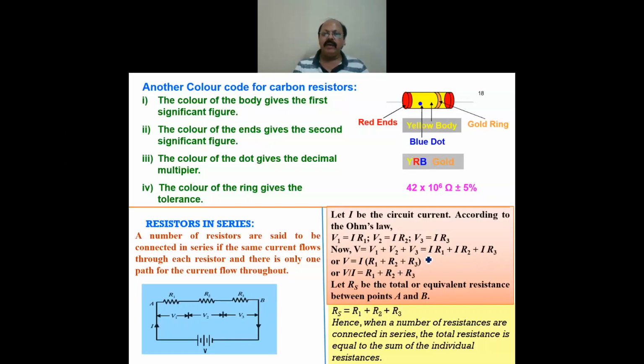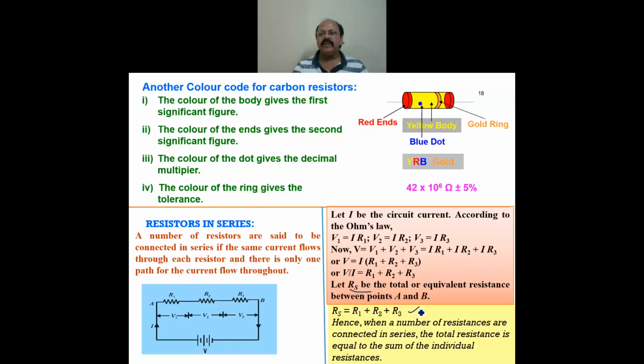Take I common, then V equal to I within bracket R1 plus R2 plus R3, then V upon I equal to R1 plus R2 plus R3. If we say that Rs be the total or the equivalent resistance between the points A and B, then Rs equal to, in place of this V upon I, that becomes Rs. And Rs equal to R1 plus R2 plus R3.